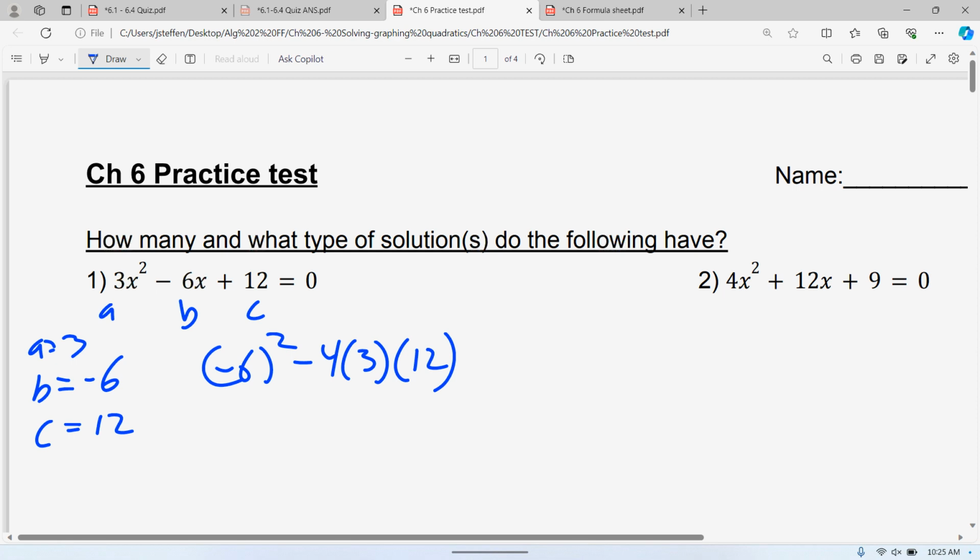A very common mistake on the quiz was that negative 6 squared ended up giving them a negative answer, and they got the wrong answer because of it. So make sure you use parentheses. Negative 6 in parentheses squared minus 4 times 3 times 12 gives me negative 108.